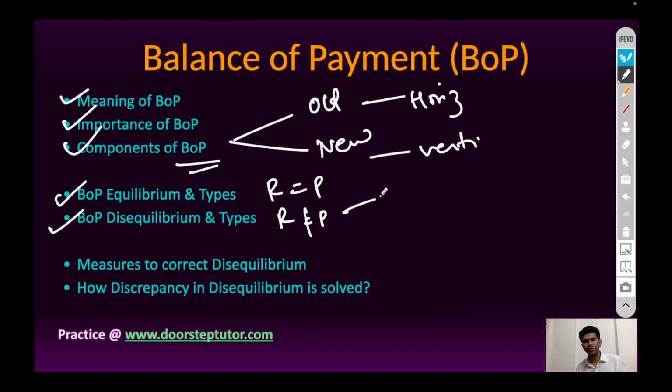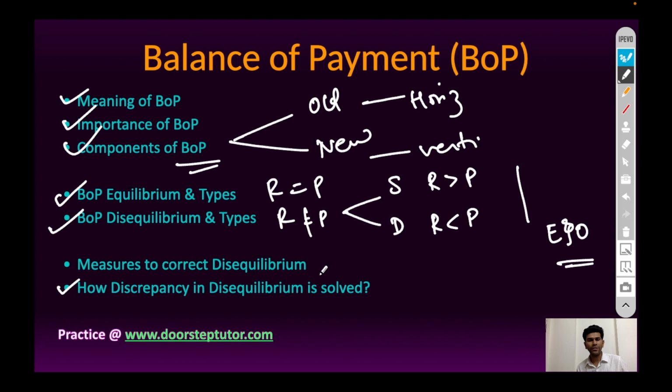There can be two possibilities, either surplus or deficit. If the receipt side is more than the payment side, there will be surplus. If the receipt side is less than the payment side, then there will be deficit. But still, some discrepancy is possible by way of error and omission. This discrepancy can be solved by way of the foreign exchange reserve account.